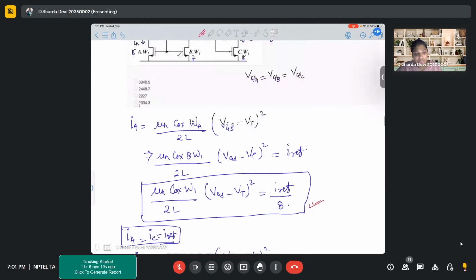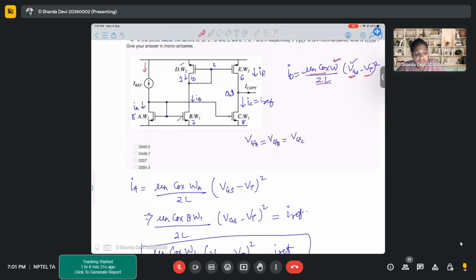Now what was the question? The question was to find the value of I copy. How do you find I copy? If you apply a KCL at the out node, IE will be written as IE equal to IC plus I copy, right? So I copy is equal to IE minus IC.